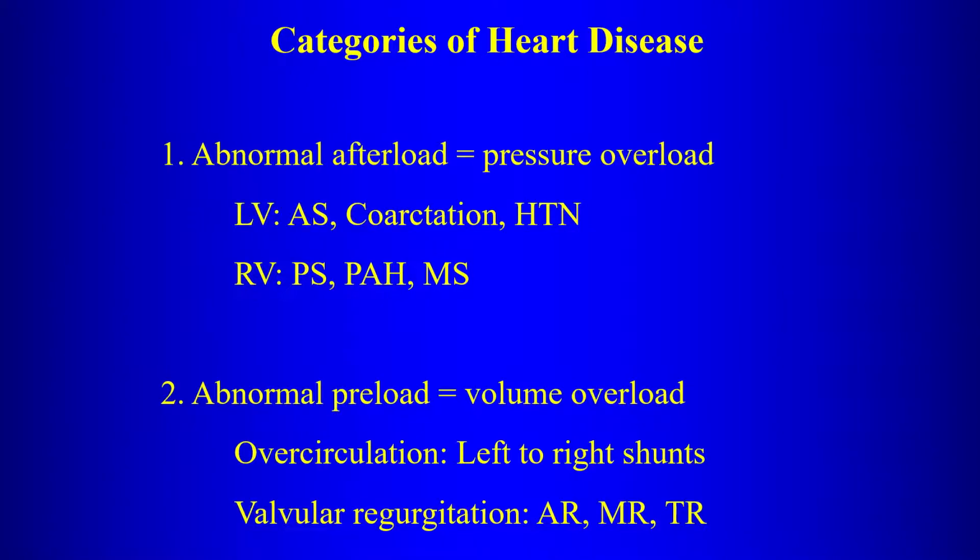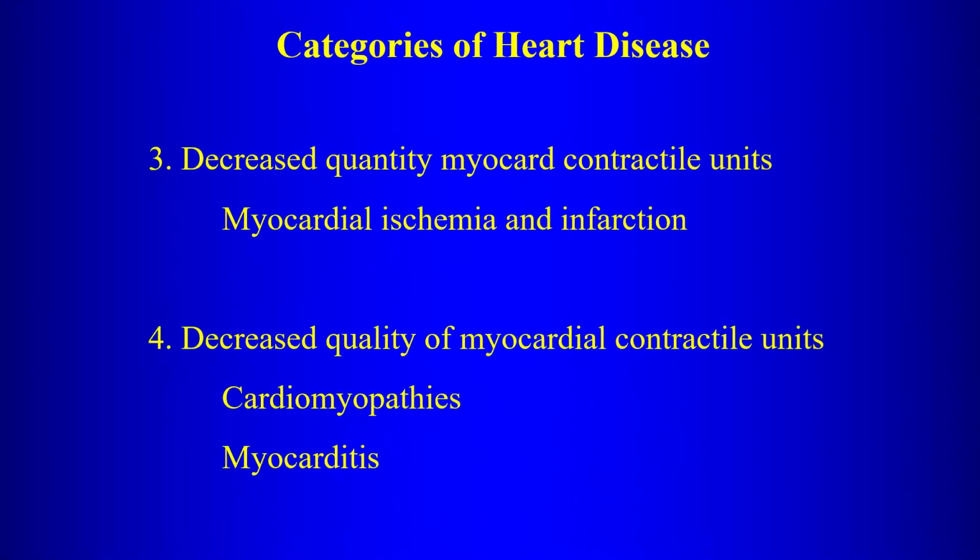So long-standing mitral stenosis patients can develop pulmonary arterial hypertension, which then becomes a pressure overload lesion for the right ventricle. Abnormal preload diseases, these are volume overload diseases, so the overcirculation, left to right shunts, valvular regurgitation, aortic regurgitation, mitral regurgitation, tricuspid regurgitation. So these can give you abnormal preload or volume overload lesions.